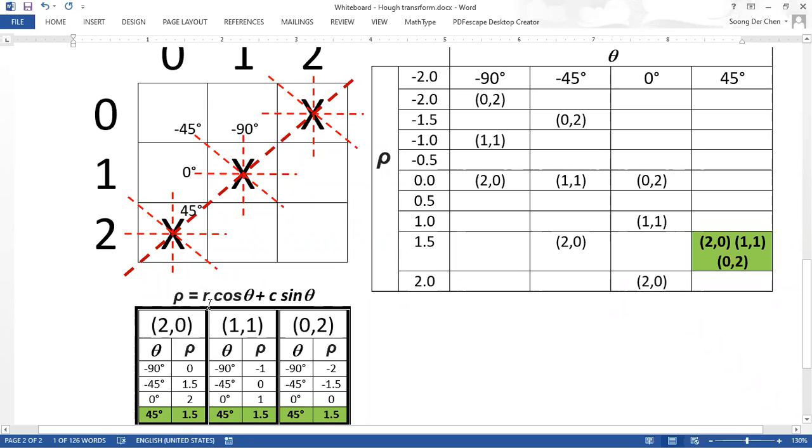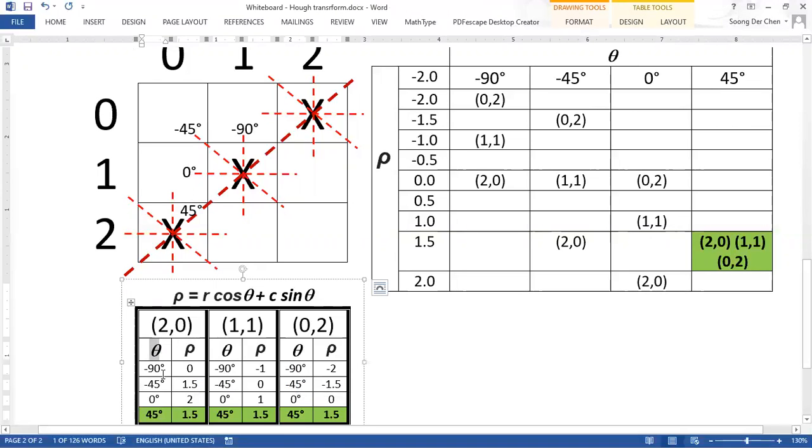From there, we try to solve for rho. I'll show you how to solve for that. This pair of rho and theta represents a line of different direction: 1 line, 2 line, 3 line, 4 line, at negative 90, negative 45, 0 degrees, 45 degrees.